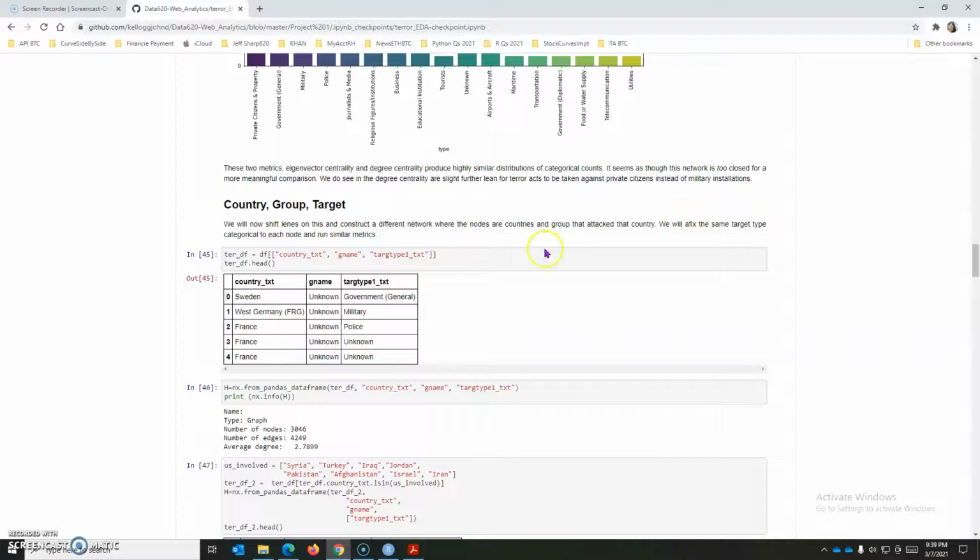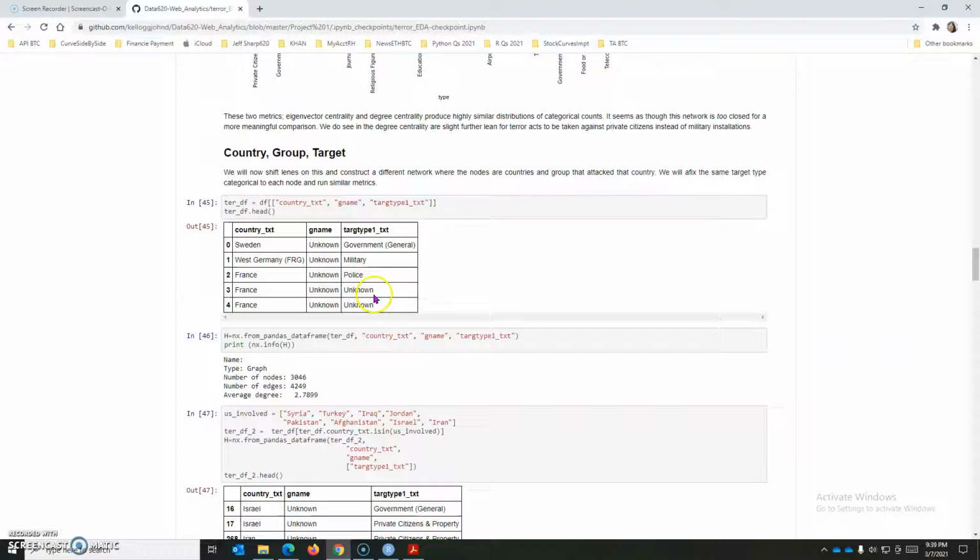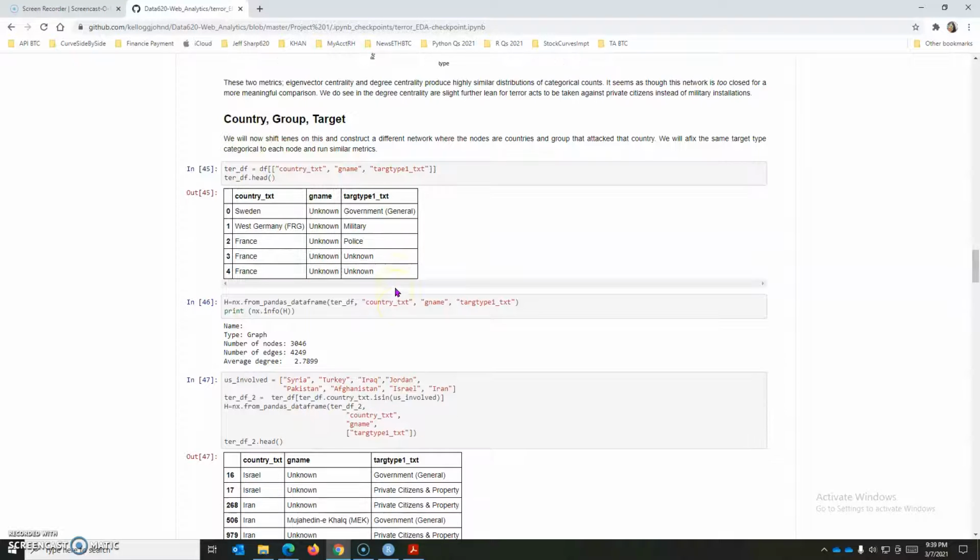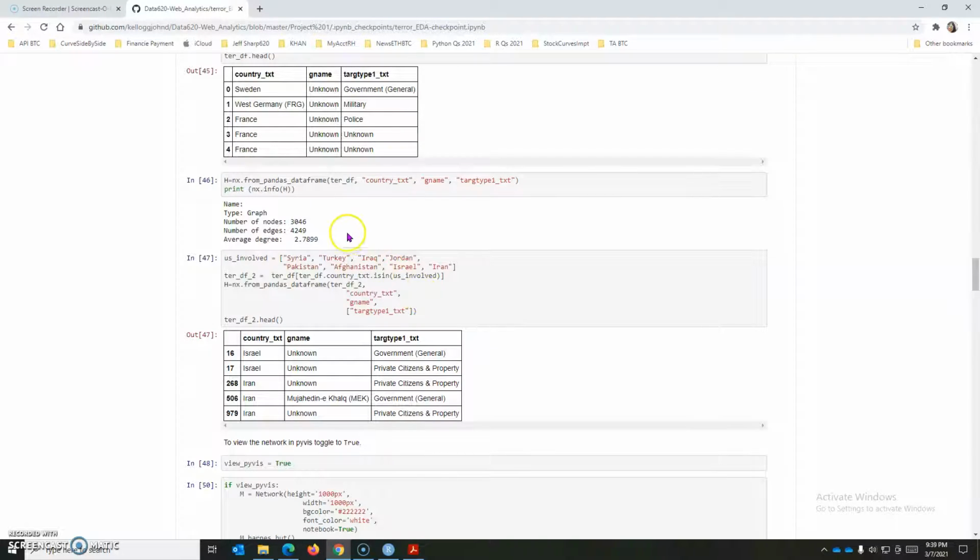Moving on to the second network, we retain the target as the variable, but change the nodes to country and terror groups. So here is the peek of the variables and the country and the group, and as we can see, that has 3,000 nodes, which is fairly busy if we display everything with their text.